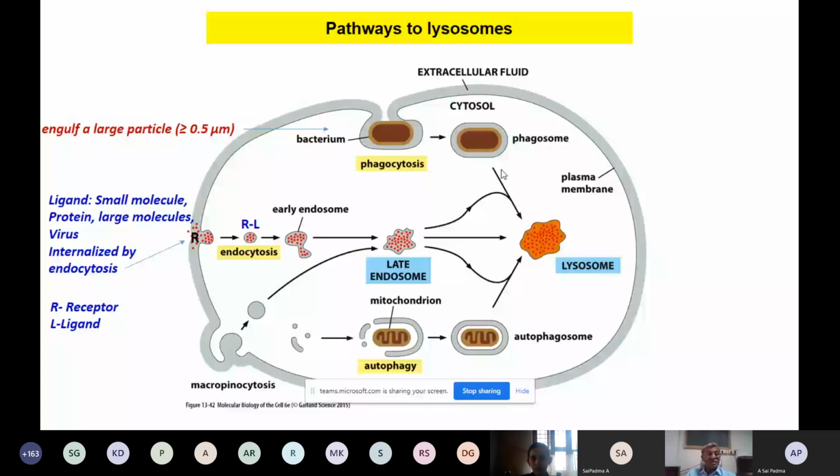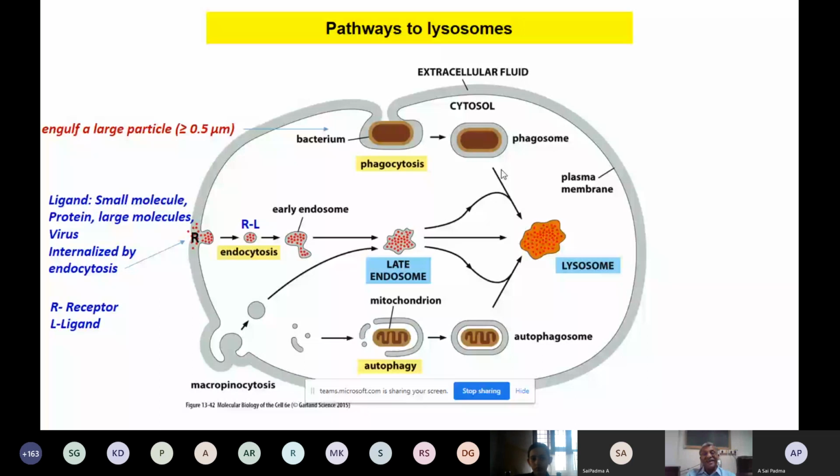Then this can be internalized by forming a receptor-ligand complex on the cell surface, and this receptor-ligand complex moves in a vesicular structure into the cell, where it is converted into an early endosome, and then these early endosomes fuse to form a late endosome. This late endosome ultimately fuses with the lysosome, and the entire ligand that has been internalized is further degraded by a wide variety of enzymatic actions.